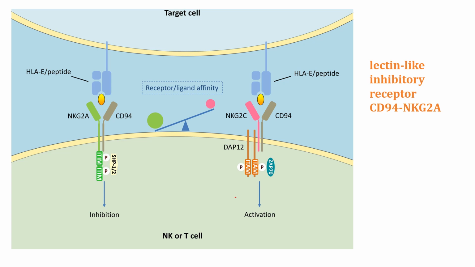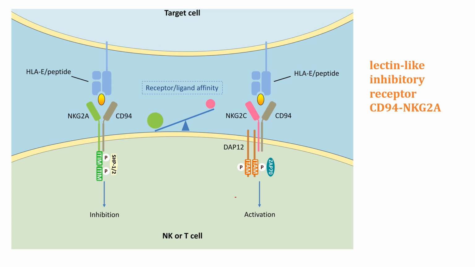In the image we can understand how activation and inhibition occur within NK cells. First, NKG2A CD94 is the inhibitory receptor. Here is NKG2C CD94, the activating receptor. Here is the target cell, and both receptors are present on NK cells and T cells.